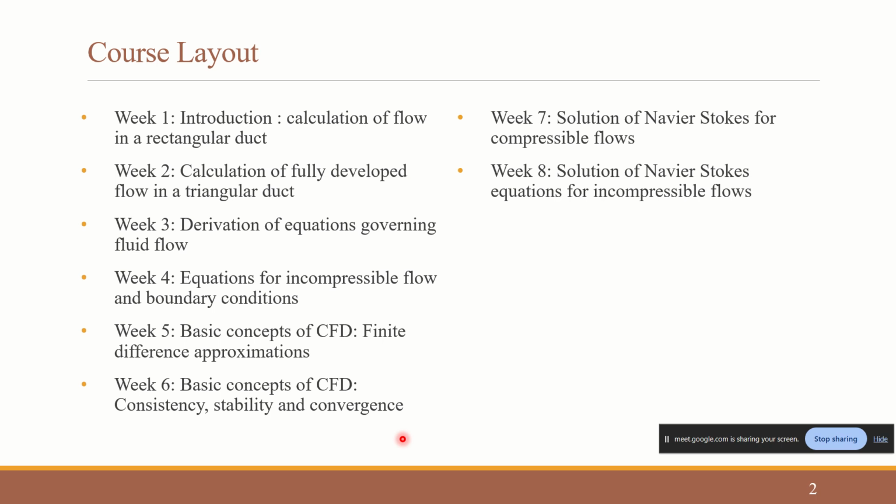So there were various approaches like the artificial compressibility approach, wherein artificially one factor was introduced similar to the density in the continuity equation, and the solutions were obtained. Or there are other methods like the stream function vorticity approach and pressure velocity approaches, pressure correction approaches, which we have seen in week 8.